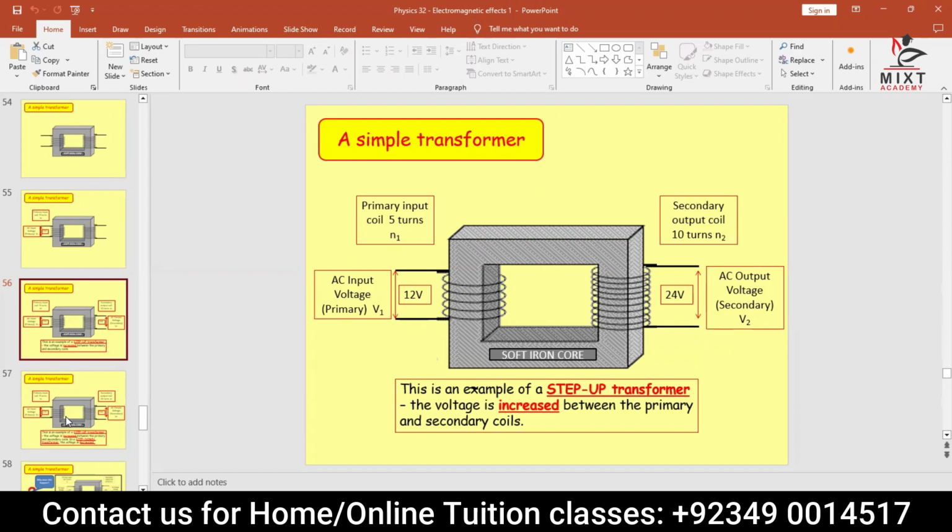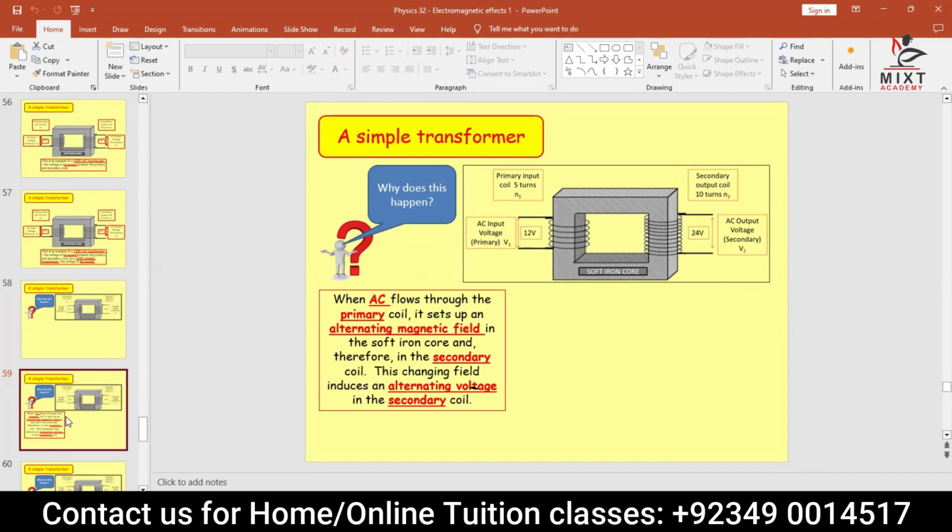Please write it down. A step up transformer is one in which output coil number of turns is more than the input coil number of turns. A step down transformer is one in which input coil number of turns are more than output coil number of turns.